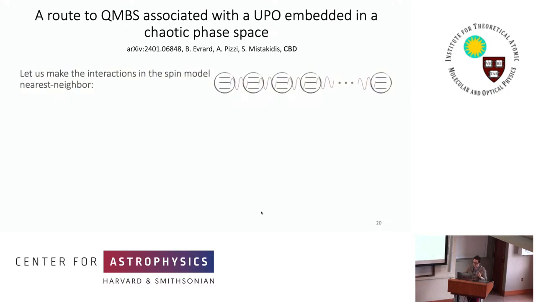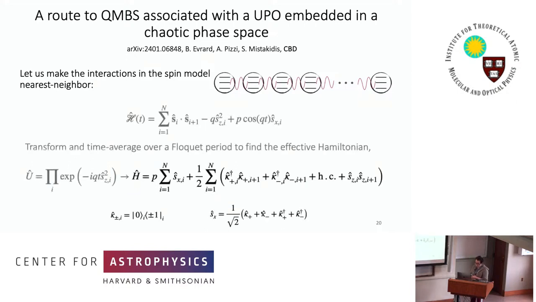And we went all the way to the other side, which is basically a nearest neighbor chain of spin 1 atoms, or spin 1 chain. So we go through exactly the same steps, writing down the Hamiltonian exactly in the same way that we wrote it down for the gas, which I'm not going to talk about.